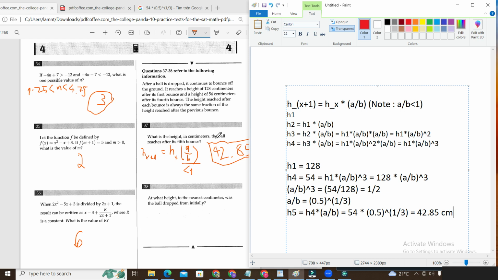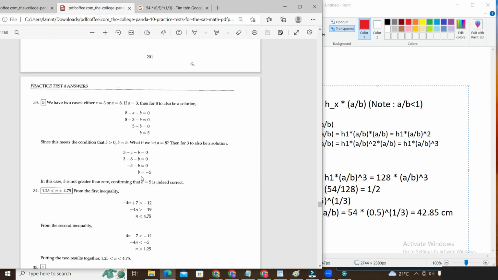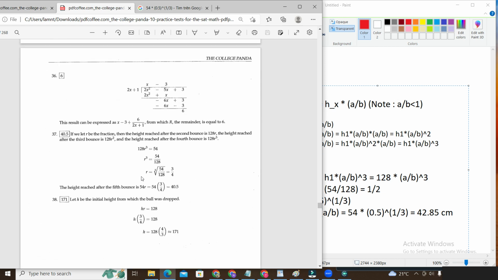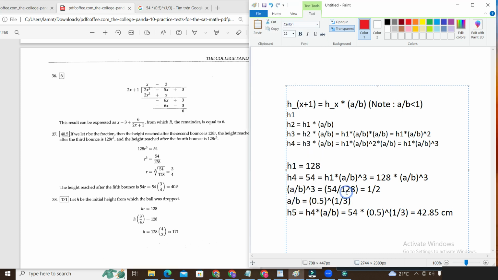Okay, so let's check. This one is kind of dubious. I don't know if I'm correct. The equation is 128 r squared is equal to... a little bit different here. Maybe I have to rethink it.